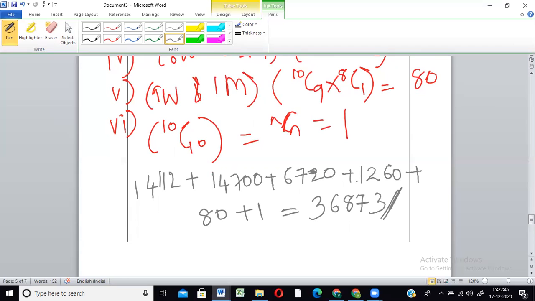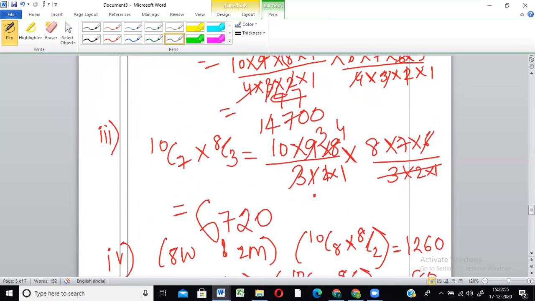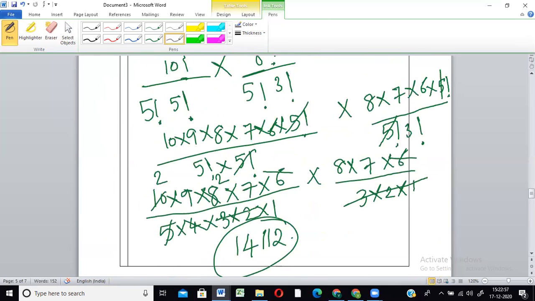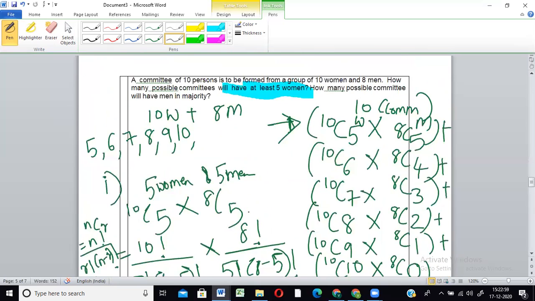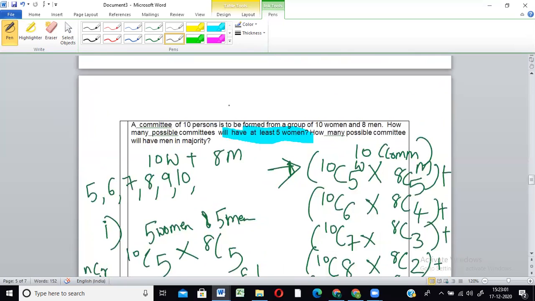36,873 ways. Okay. Yes. So now coming to the second part of the question, we had one more part of the same question. One more part means there were two parts, right? To make a committee of 10, at least 5 women should be there. Now the other condition says how many possible committees will have men in majority.